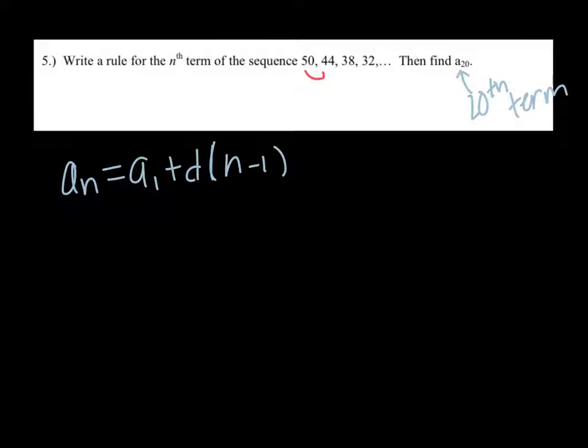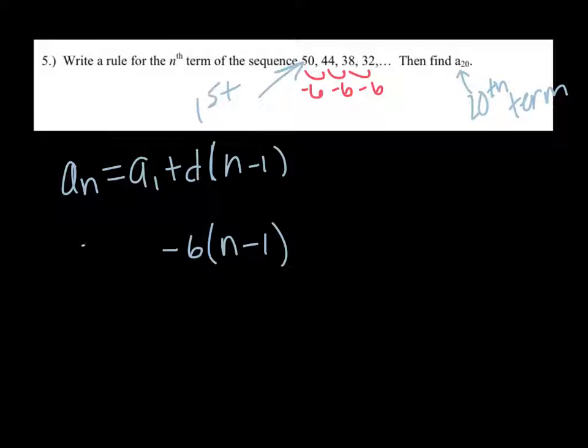The difference from 50 to 44 is minus 6. 44 to 38 is minus 6. 38 to 32 is minus 6. So the difference is going to be negative 6. So instead of plus, I'm just going to write minus 6 times n minus 1. And my first term is 50.